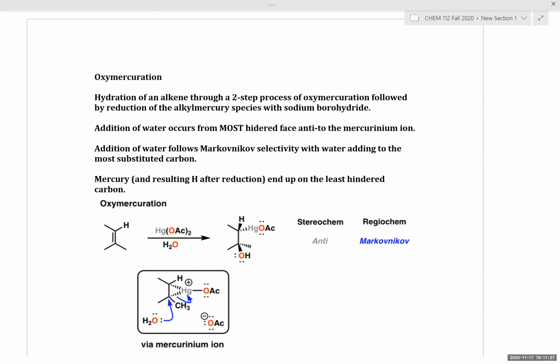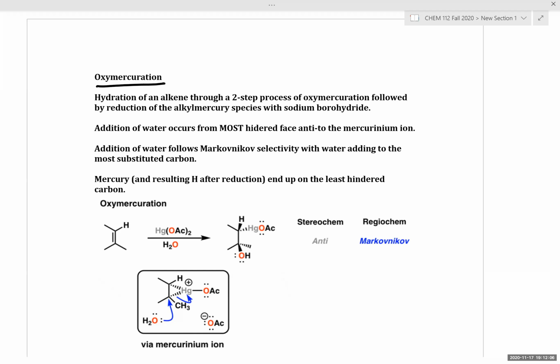With that in mind, let's look at this next class of reaction known as oxymercuration. And I have to say, mercury is pretty interesting in terms of the reactions it facilitates. If it weren't for the fact it was pretty toxic and not entirely pleasant to handle, it's quite a useful reagent in terms of the unique things that it can do.